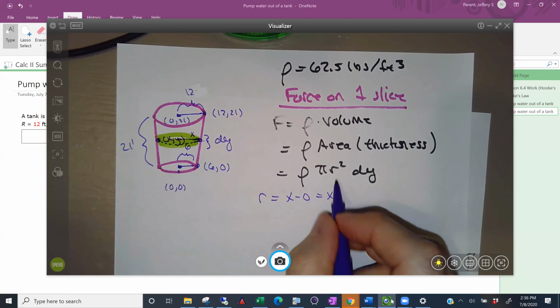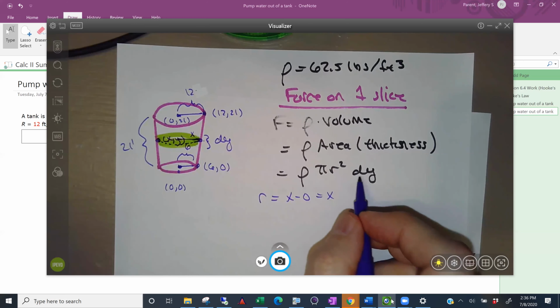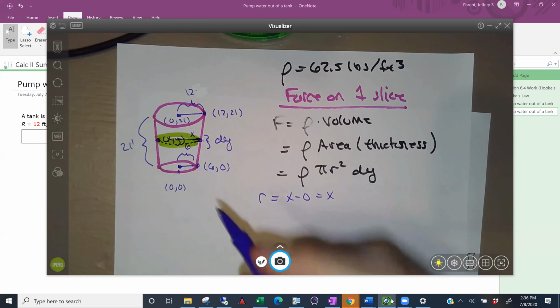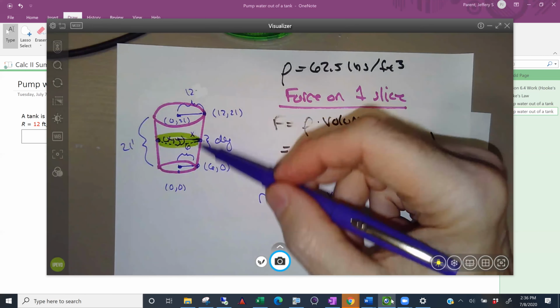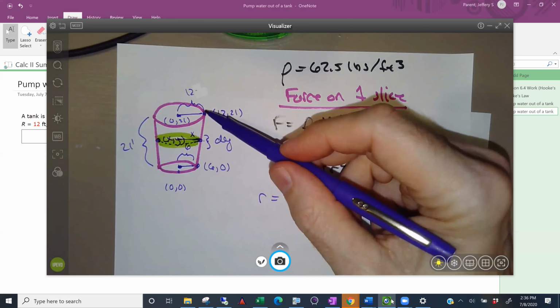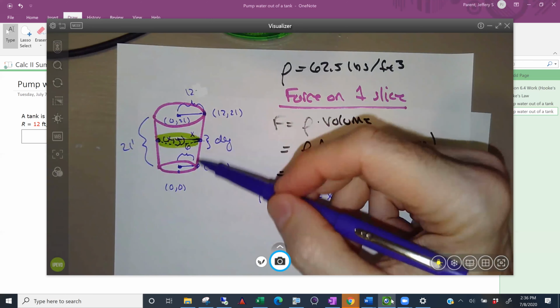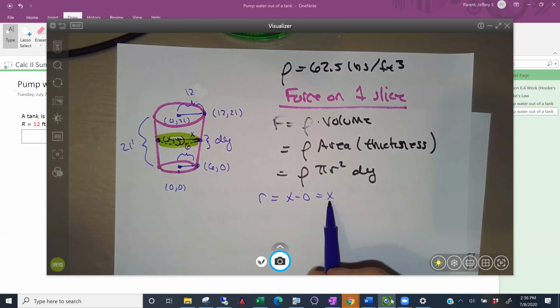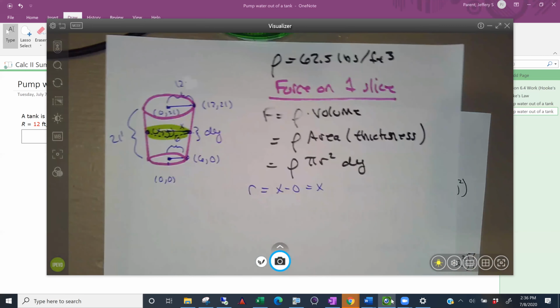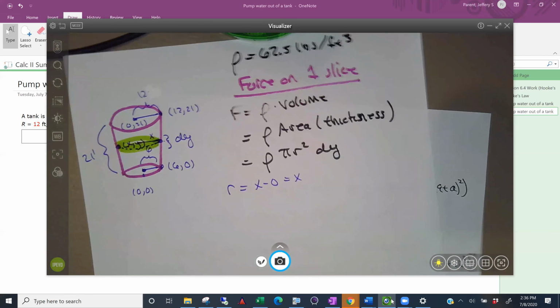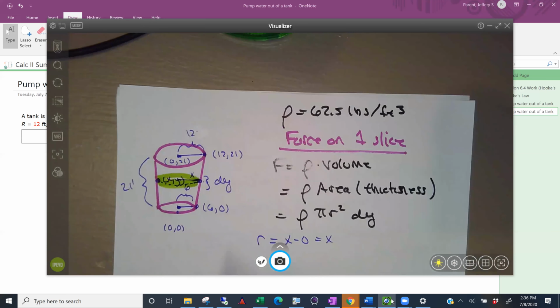But I can't plug it in for the radius because I need this as an expression for y. So here's where I get to have some fun. I've got to find the equation of a line between these two points so that I have a relationship between x and y. Somebody asked a question about this earlier, so we're doing the same thing again.